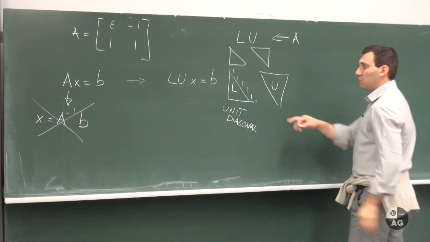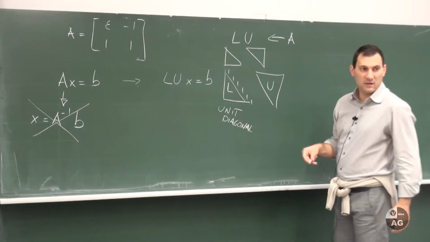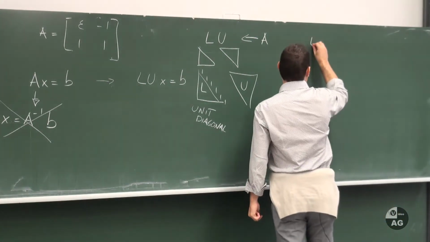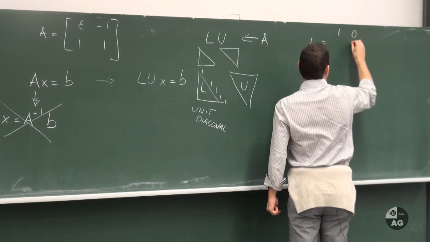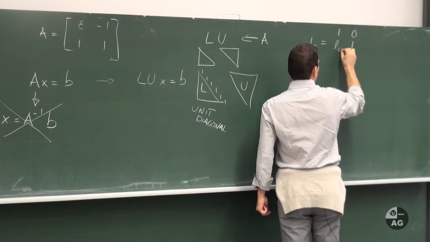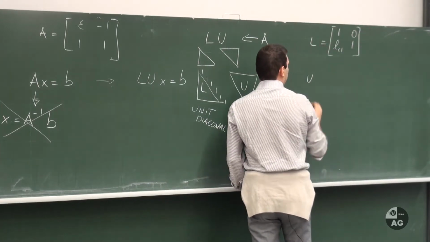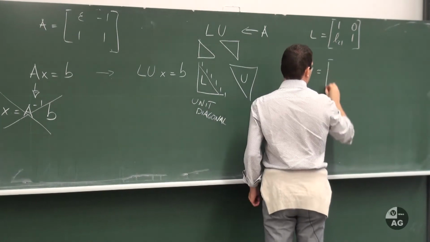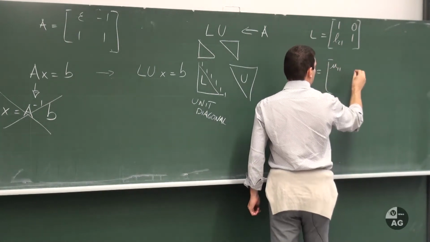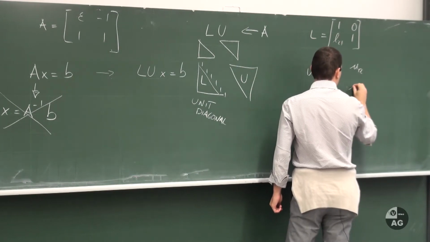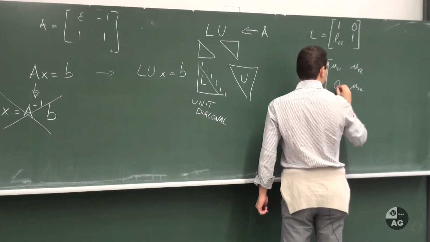Okay, a 2 by 2 lower triangular matrix with ones on the diagonal doesn't have too many degrees of freedom: 1, 0, 1, and basically there is only L21 left. And for U, U11, U12, U22.